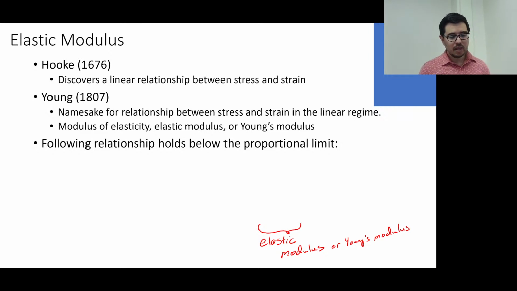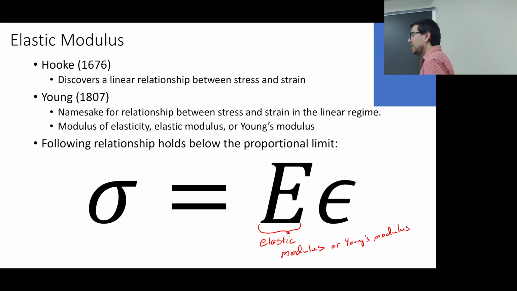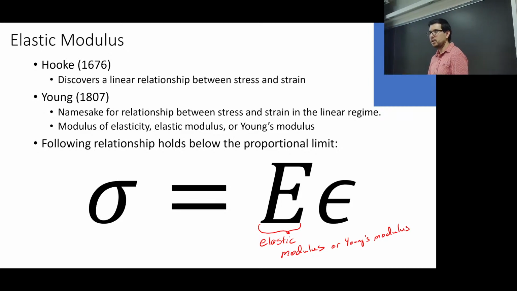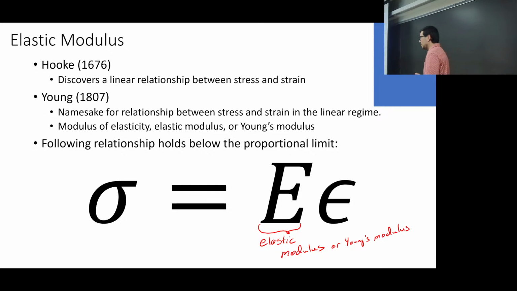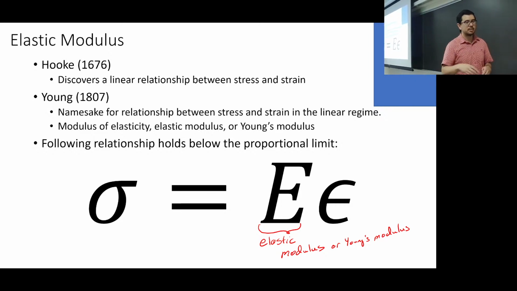All right. So this Young's modulus is what we call the elastic modulus or the modulus of elasticity. And this is the relationship. Sigma equals E epsilon. Okay? Or EE, however you want to remember it. You want to write it down on your formula sheet.